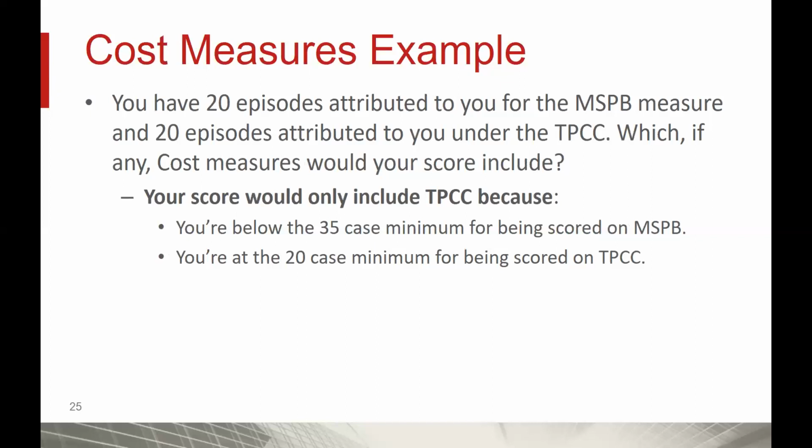So in this case, your score would only include the TPCC measure because you're below that 35 case minimum for being scored on MSPB. So you wouldn't be eligible to be scored on MSPB, but you do meet the 20 case minimum for being scored on TPCC. So you just wouldn't earn any points for your MSPB measure, but you will be able to meet that threshold for TPCC.